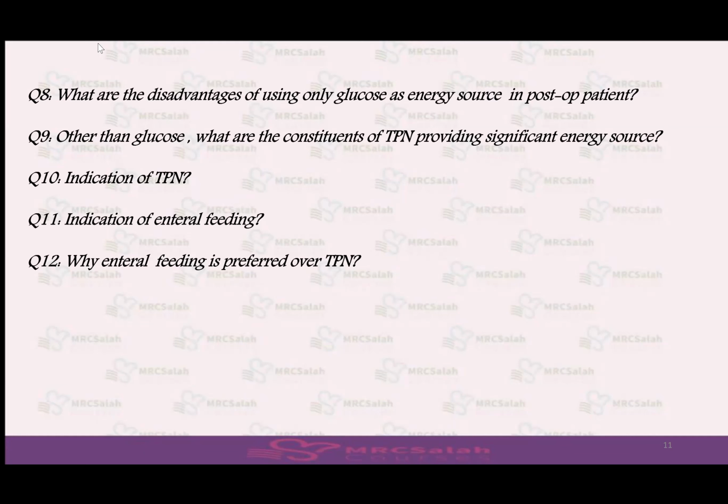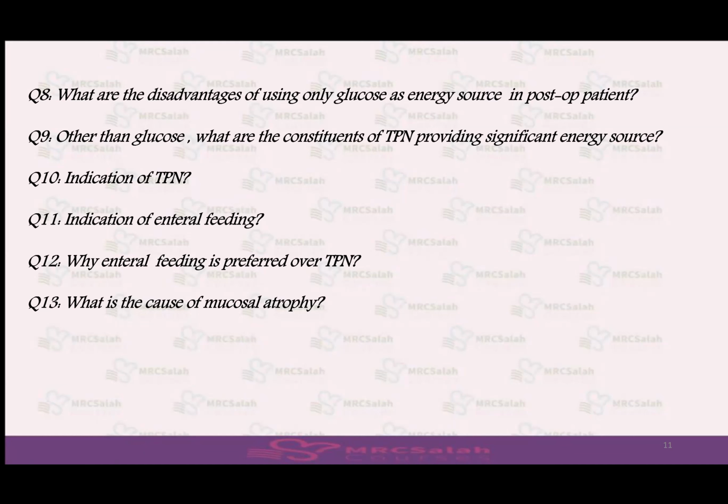Also, issues with venous thrombosis or thrombophlebitis can be avoided with enteral feeding. And also, you could possibly have less refeeding syndrome with enteral feeding as compared to TPN.